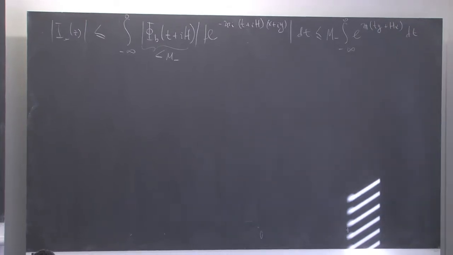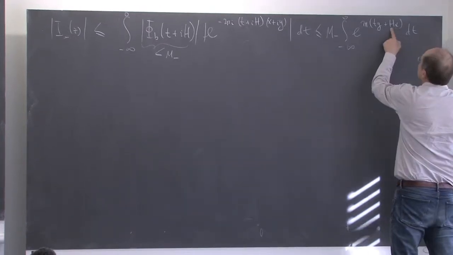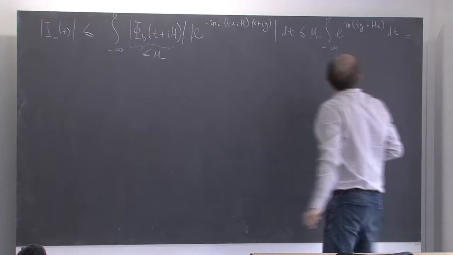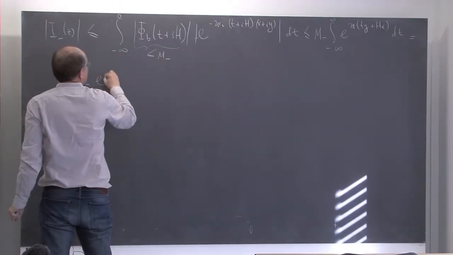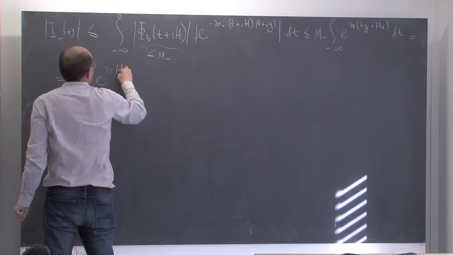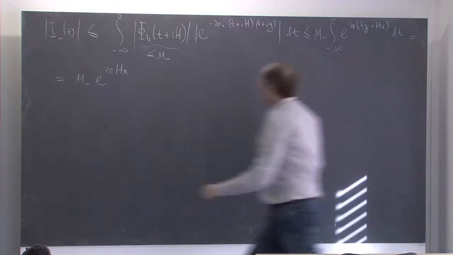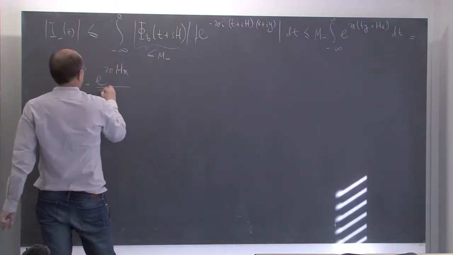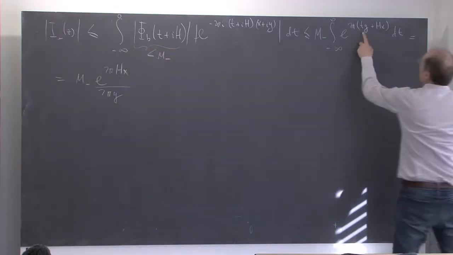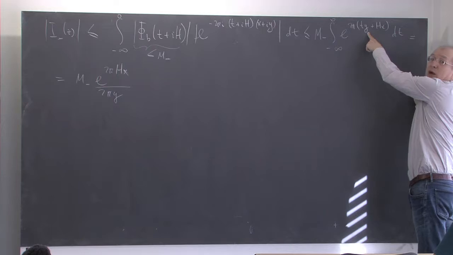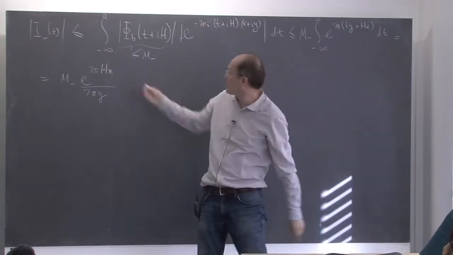Is that correct? I hope so. So this is t independent, so this goes outside: m minus e to the 2 pi hx. But the rest is easy to integrate. So we get the denominator 2 pi y. So the exponential goes in. And now at minus infinity, remember y is positive, so at minus infinity it is 0, at 0 it's 1. So that's the result of integration.